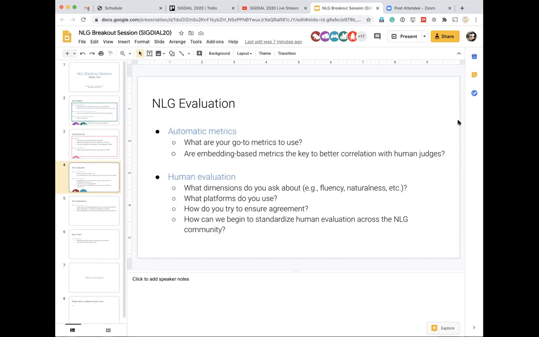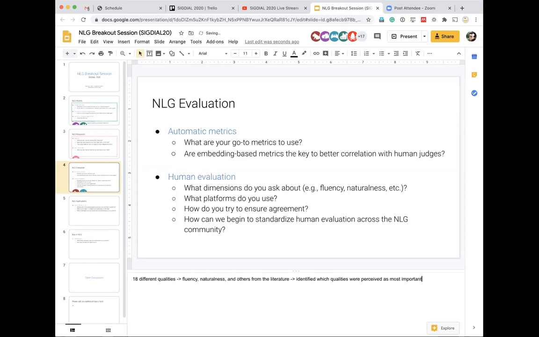We annotated these for 18 different qualities, things like fluency, naturalness, as many different qualities as we could find in the literature. In our paper, we identify which of those qualities were perceived as most important by the annotators. And we also came up with an automatic metric.